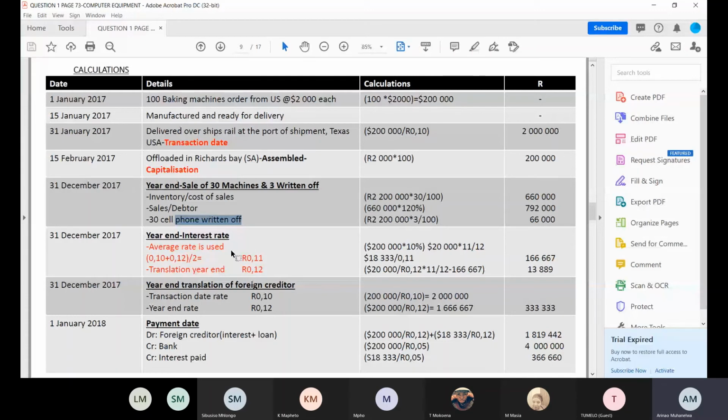In other words, it's from February until December. That is 11 months. And then, in order to get the conversion, because it's rand to dollar, you divide it by the average rate, which we just calculated here. It should give you 166,667.